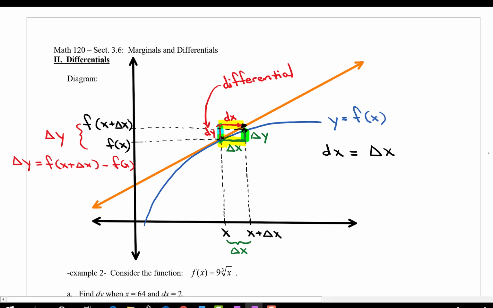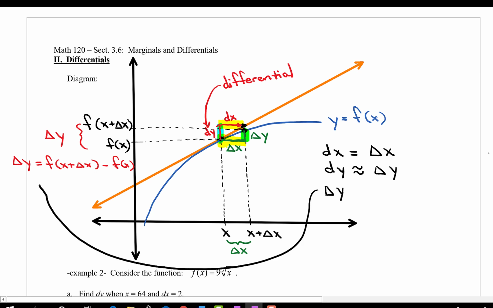Now dy, that's not exactly equal to delta y. So I'm going to write it's approximately equal to delta y. Remember when we were working with the marginals, and we said that the derivative of the cost, or the marginal cost, was approximately equal to. And here I'm going to write that delta y is exactly equal to the change in y, or f of x plus delta x minus f of x.